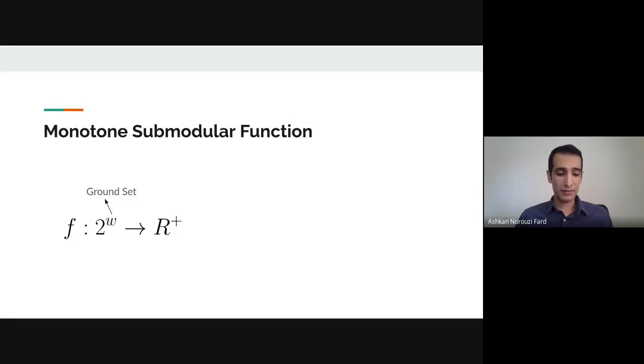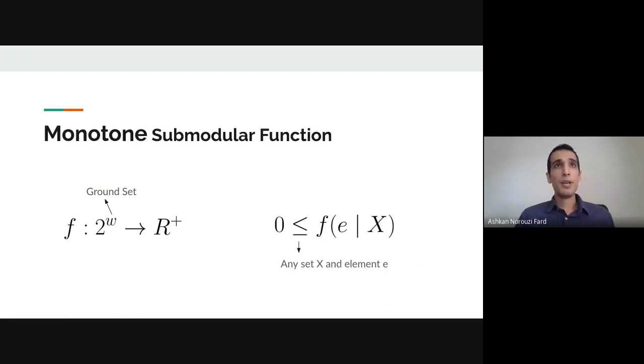Let me start by defining the problem. We are given a set function f that returns a positive value for any subset of a ground set V. We call it monotone if adding any element to any set changes the value by at least 0, so it cannot decrease.